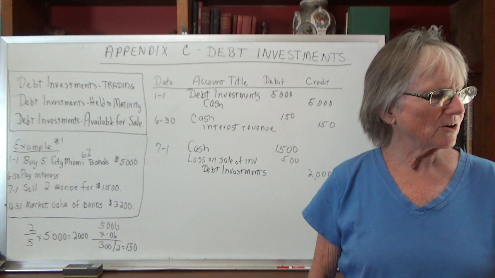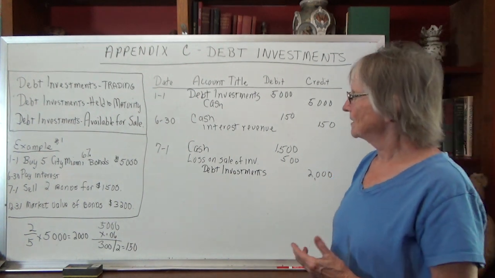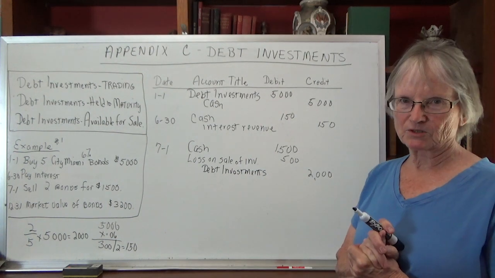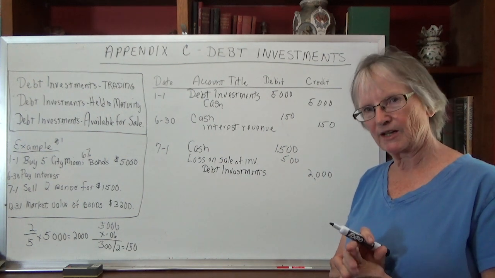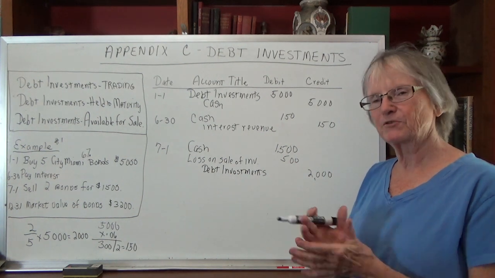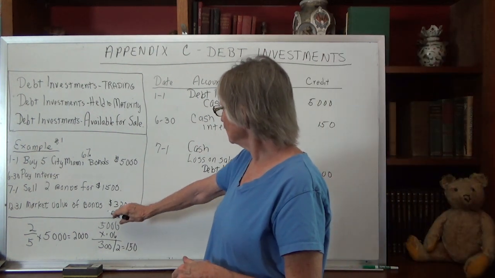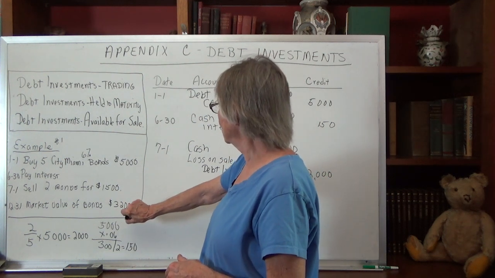So now we come to the year end. Because they are trading investments, these need to be reported on our financial statements at their fair value. This says the current market value for the bonds is $3,200.